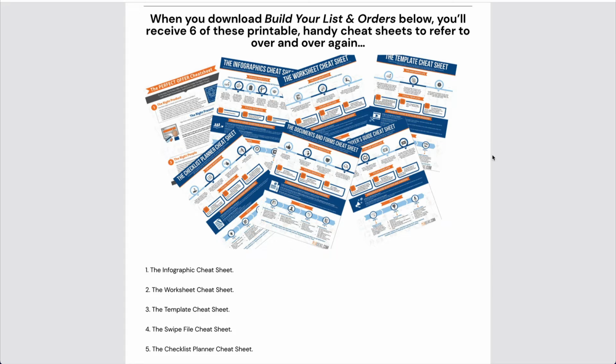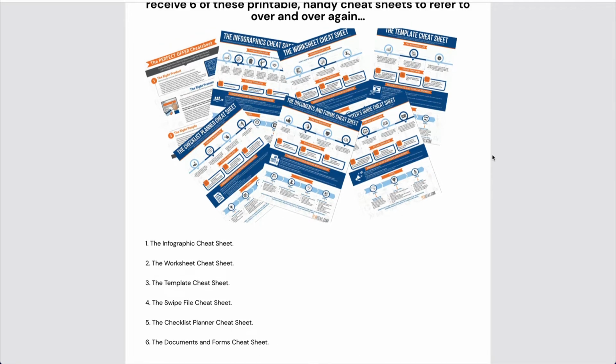Normally, if you would get this from me without the coupon, this will be $7. Still, it's not a lot of money, but you get all of these. You get the infographic cheat sheet, the worksheet, the template cheat sheet. That's also a really great one. I love templates. I use them all the time. The swipe file cheat sheet, the checklist planner cheat sheets. You know, I don't know if your desk is just filled with lists of things to do.